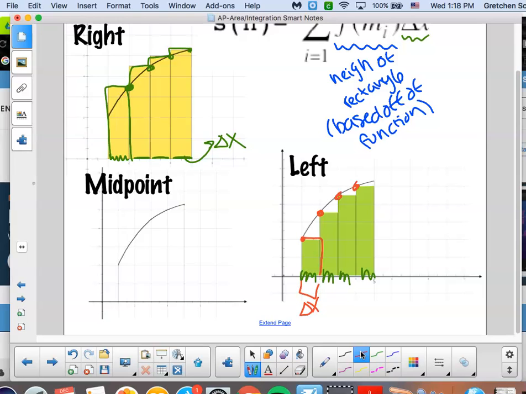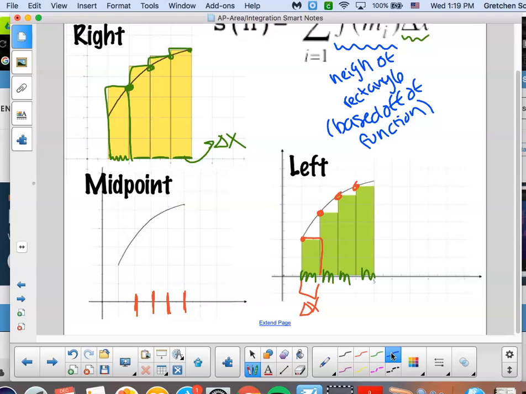The last thing, and this one we're going to draw ourselves, is what if instead of having a right or a left, we want to have a midpoint rectangle. So a midpoint rectangle means where do you think we want our rectangle to hit? In the middle. So we are still going to have our same 4 partitions. And I know yours is kind of light, but it's the same 4 partitions.